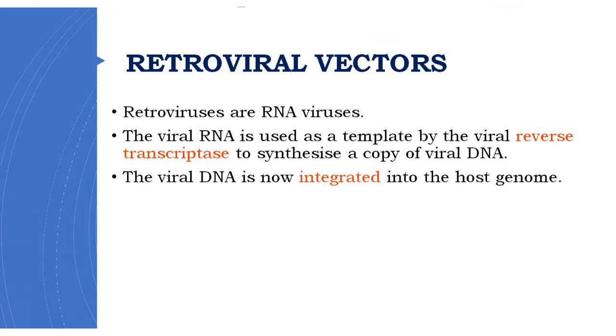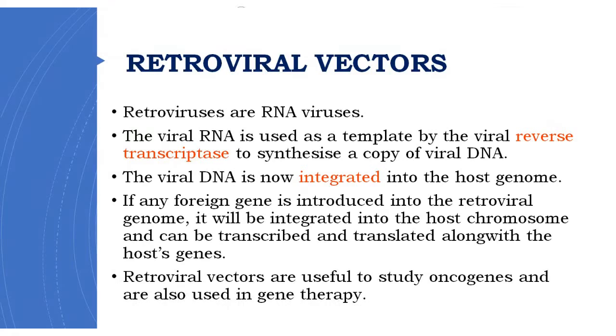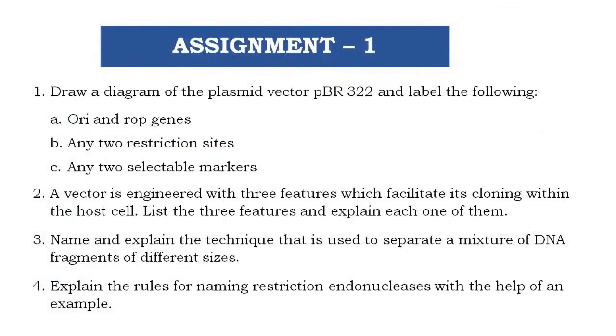This viral DNA can be integrated into the host genome, and then if we infect any host cell with this virus, that viral DNA will be transferred along with the foreign DNA into the host, and it will multiply. They are especially useful, note it, in studies concerned with oncogenes, and they have also been used in gene therapy. So with this, we come to the end of it.